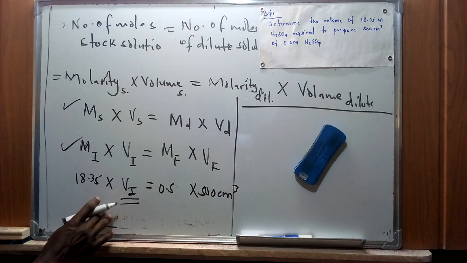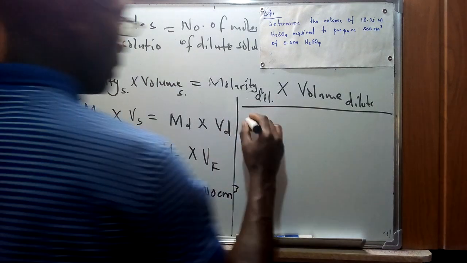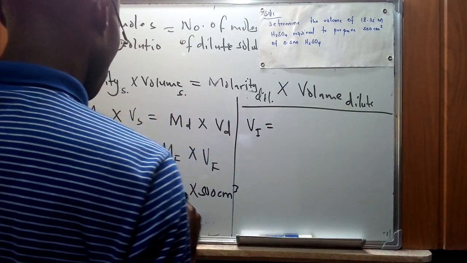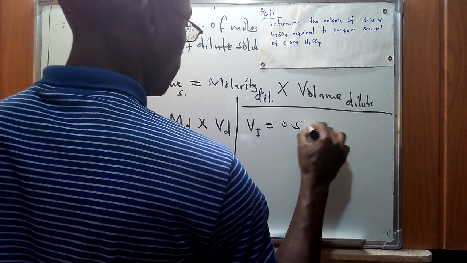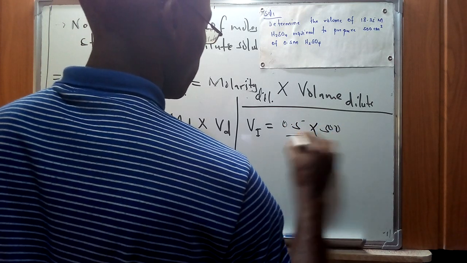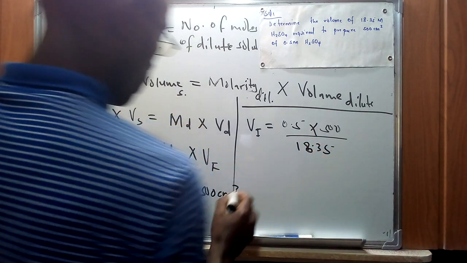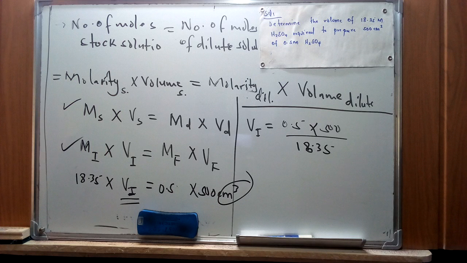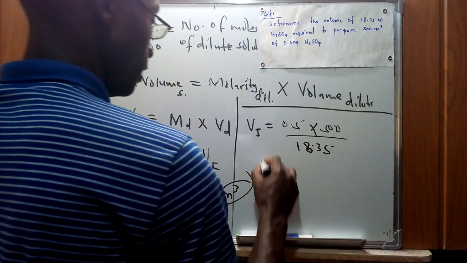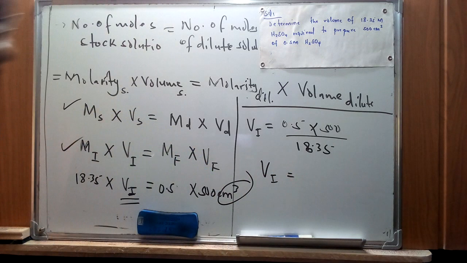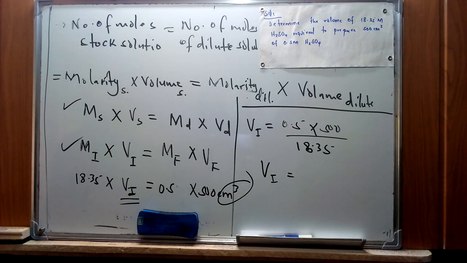So we're going to make V initial, the initial volume, the subject of the formula. And this is going to be 0.5 times 500 all over 18.35. Because we have been provided the volume in centimeter cubed, the initial volume as well is going to be in centimeter cubed. This would require changing into liters, or using the standard unit, but I said that we are going to restrict ourselves to centimeter cubed.